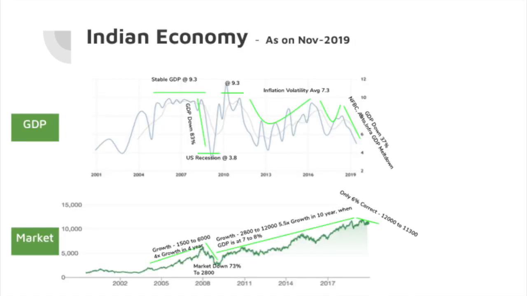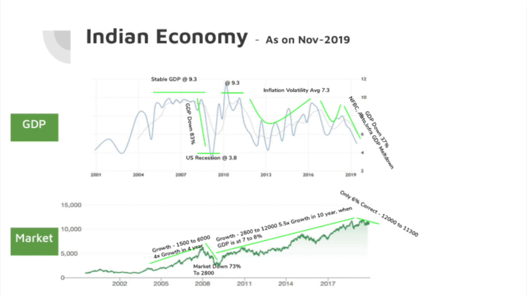So friends, this chart compares our GDP versus our market, and this chart covers a time frame of close to 15 years, from 2004 till 2019, and this is almost the latest one, as of the October November time frame, right?